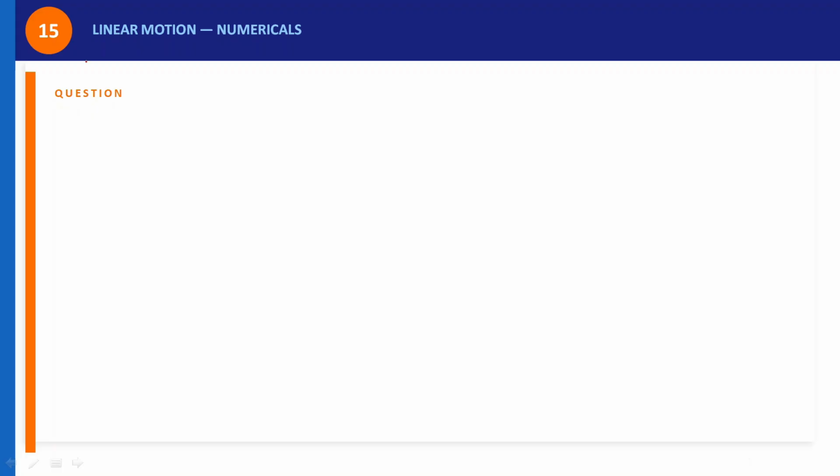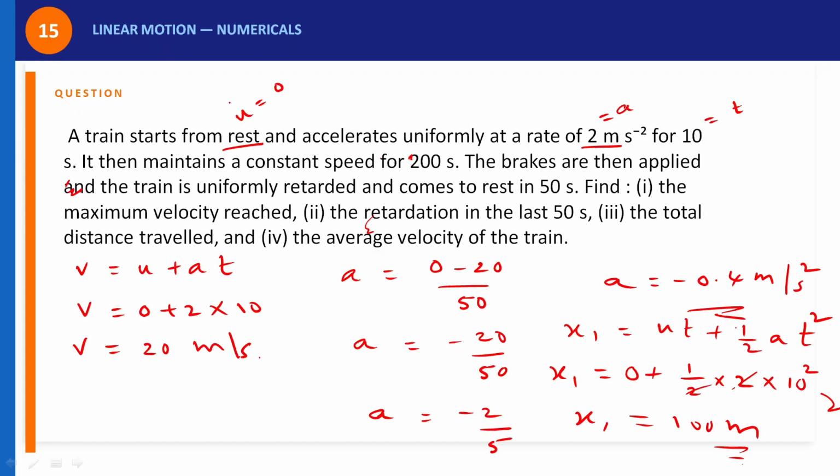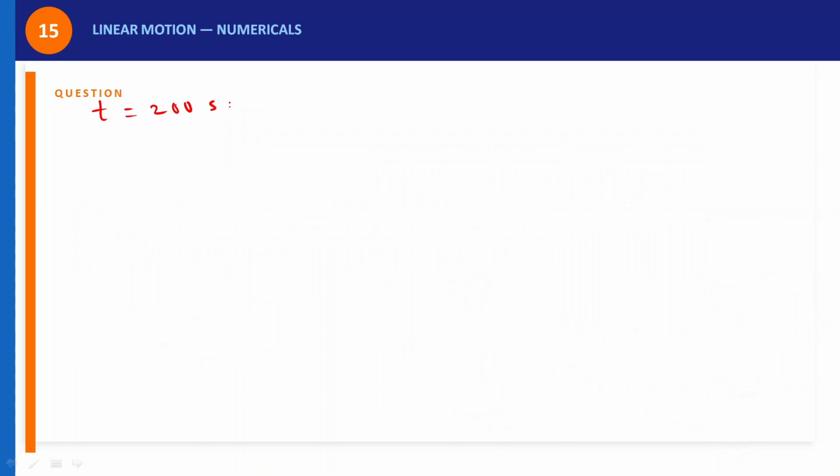And there is a case for 200 seconds. Time equal to 200 seconds. The train moves with uniform speed. And what is the speed here? 20 meter per second.